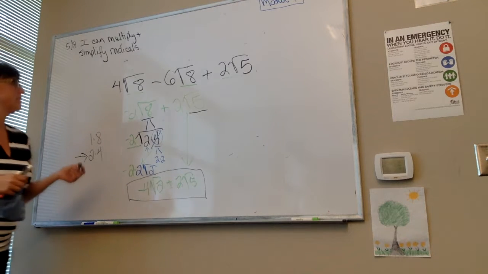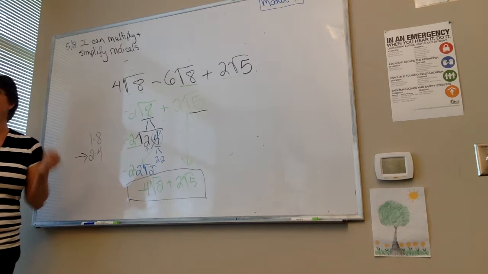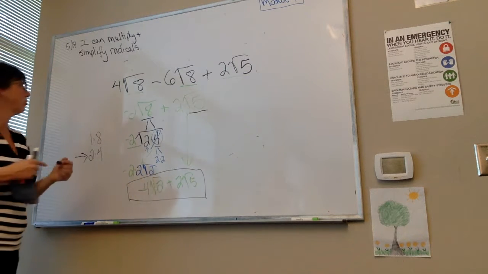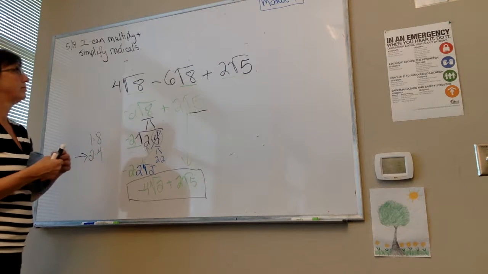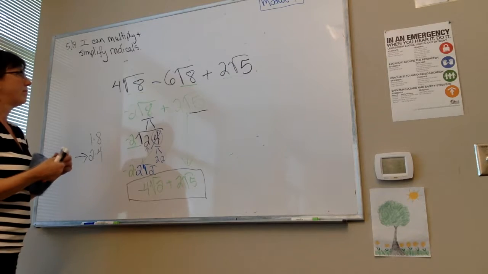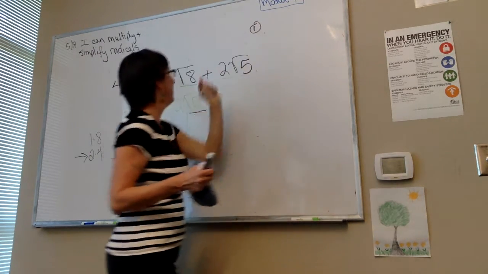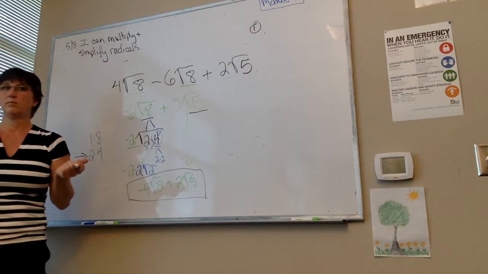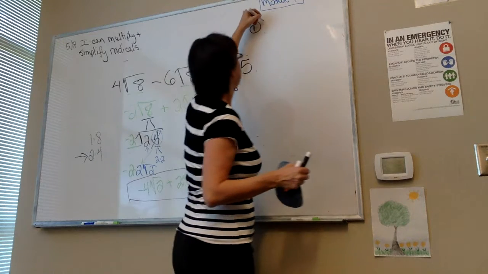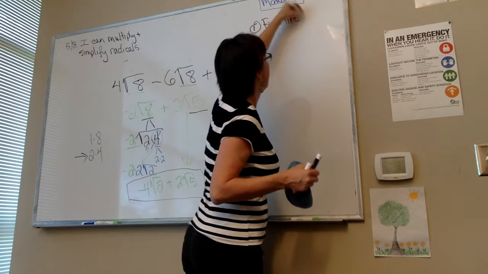So let's identify some steps so that when we do other practice problems, we have some steps that we can work with. What is the first thing we did? What is the very first thing that we looked for? Like terms. So I would say something like find like terms.